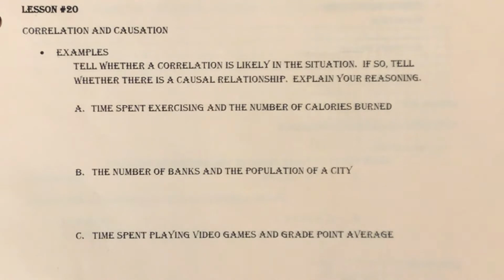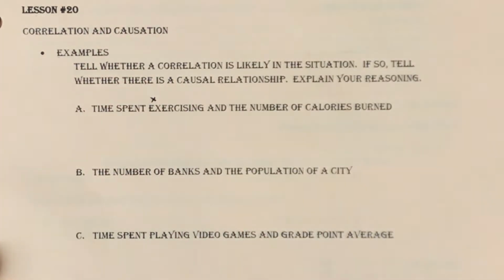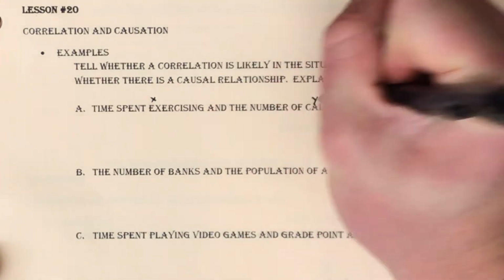In example A, it says time spent exercising and the number of calories burned. Is there first a correlation between the time spent exercising, that'd be like your X, and the number of calories burned, that'd be like your Y?